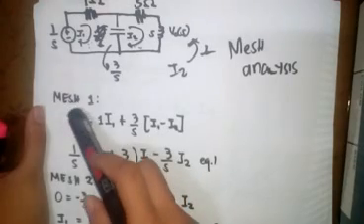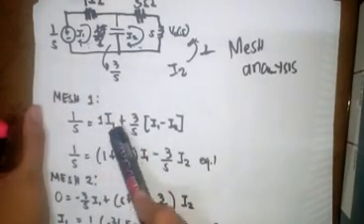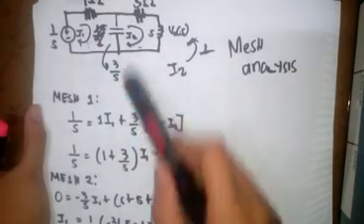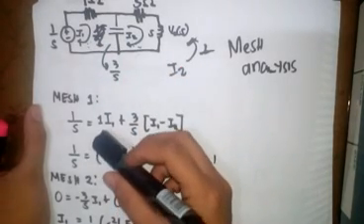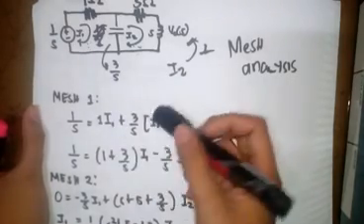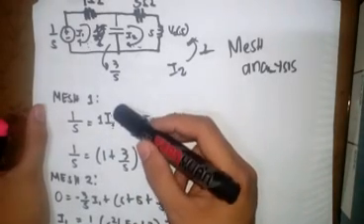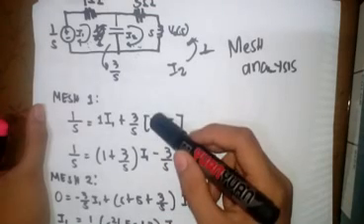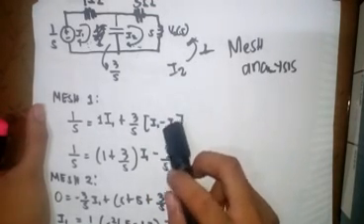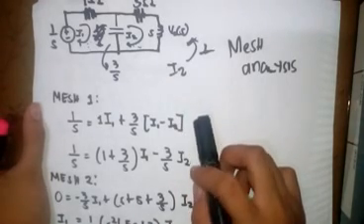So for mesh 1, we have 1/s equal to the voltage drop of the resistance and the capacitor. It becomes 1 times current I1, plus 3 over s multiplied by I1 minus I2.